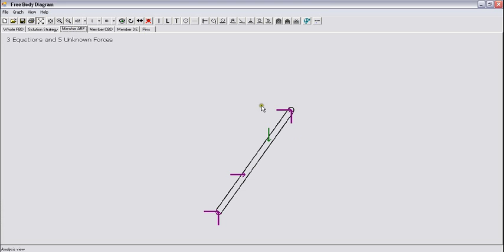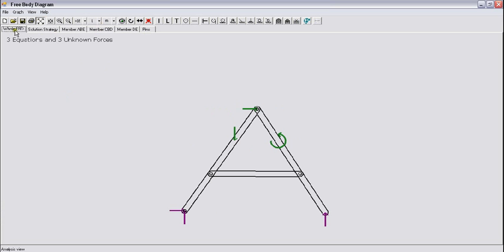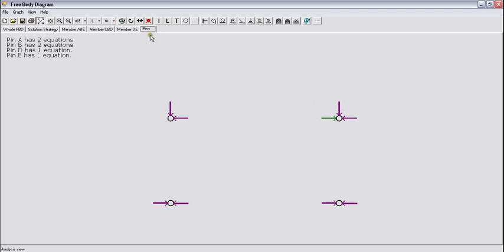Now what we have is just as before, 0bx and 0by. Member CBD has 1bx and 1by. But just because we have an external force, 0bx and 1bx are no longer equal and opposite. So now you see pin B. Here is the external force, 3000.